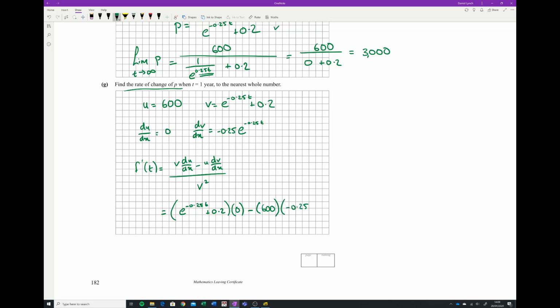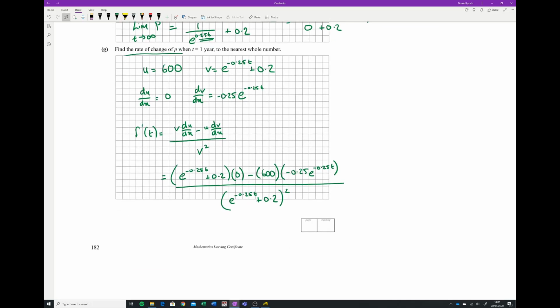That looks good because we've a minus by a minus now, so that's going to give us a positive, which looks sensible. e to the minus 0.25t, all over v squared. So that's e to the minus 0.25t plus 0.2, and that thing is being squared. Now obviously 0 by that is gone, so we just have 600.